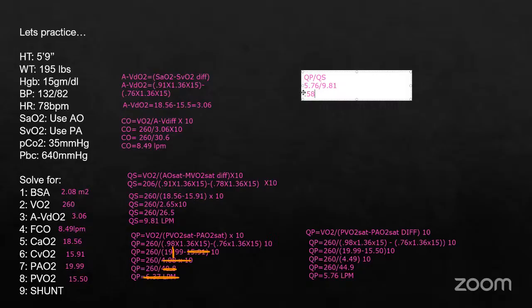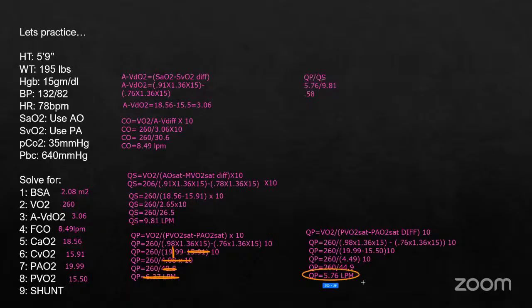So how are we getting that 5.76 and 9.81? These are the QP and the QS results that we just got. So this is a QP and this is a QS. I'm going to substitute here and my result is 0.58.